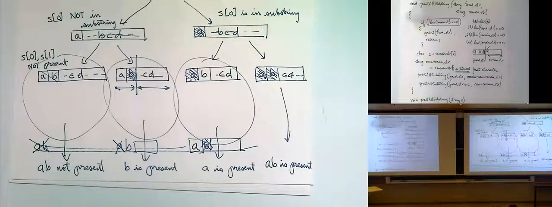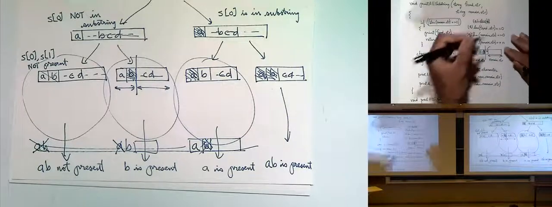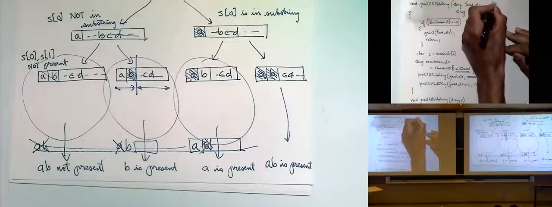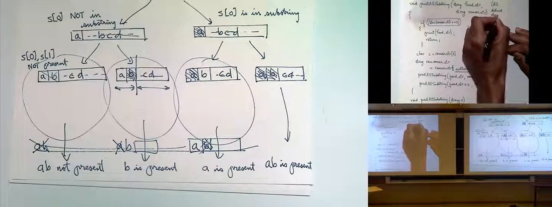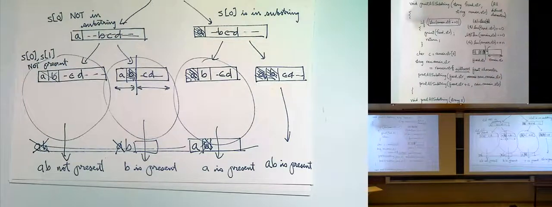Questions? How do you handle the case where the substrings are the same? What do you mean? Earlier on the previous question, you were saying if you had AAB. I'm assuming non-distinct. Good point. Are we assuming distinct here? I'm sorry, I'm assuming distinct. All distinct characters. Sorry. So assuming all distinct characters.